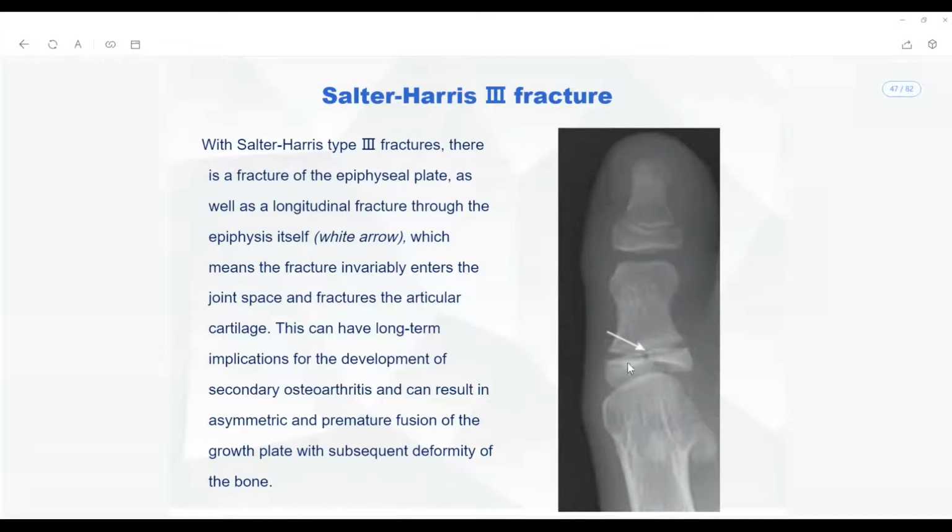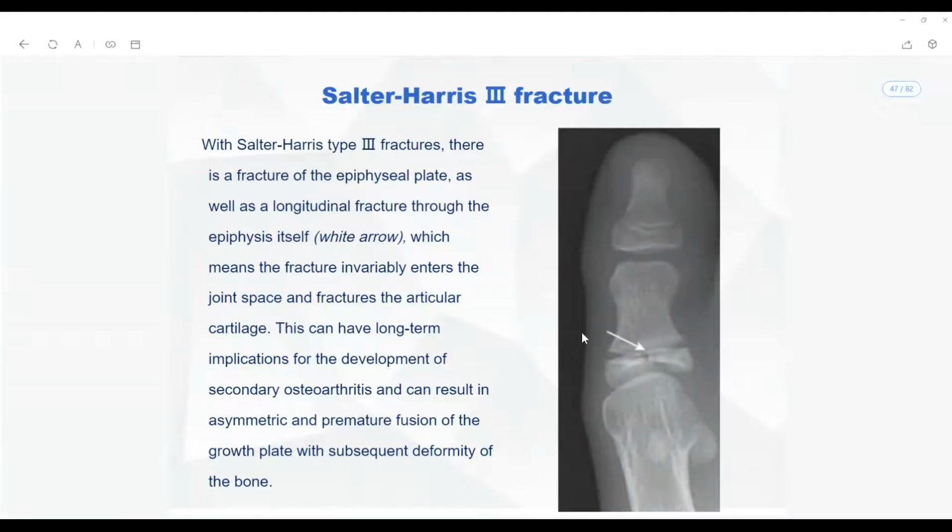The growth plate has a fracture line present as a radiolucent sign, suggesting a fracture line of the epiphyseal plate here, and there is an oblique fracture related to the proximal epiphysis of the distal phalanx. So that's why we call it Salter-Harris type 3 fractures. That is the description of this one.